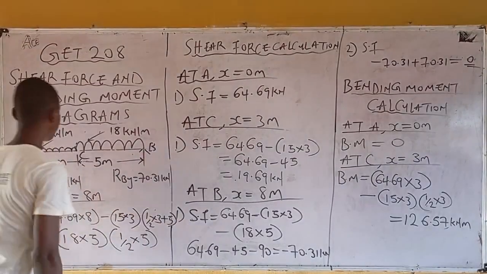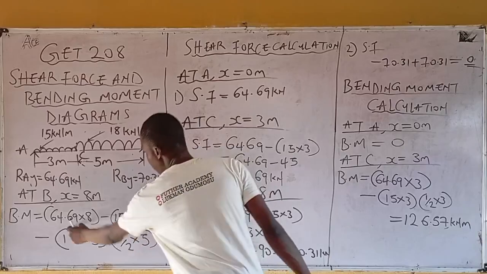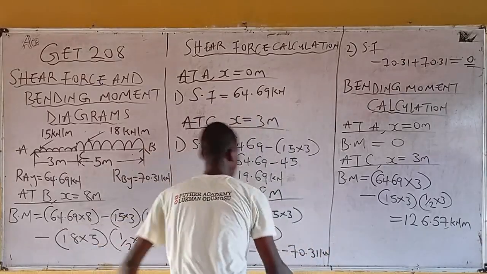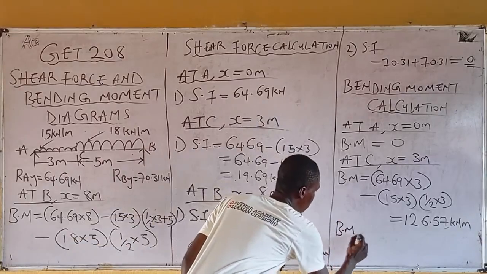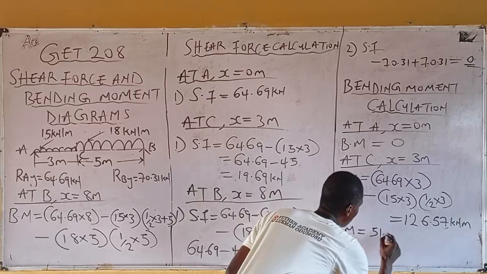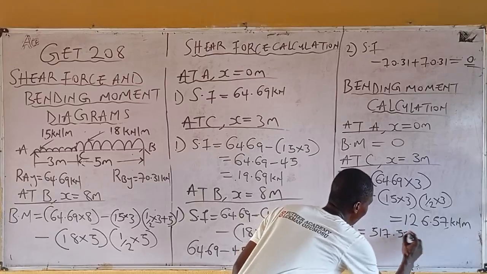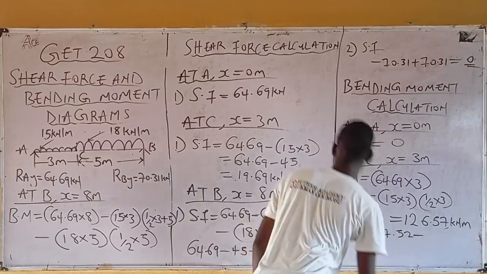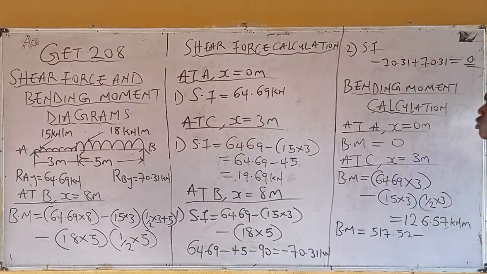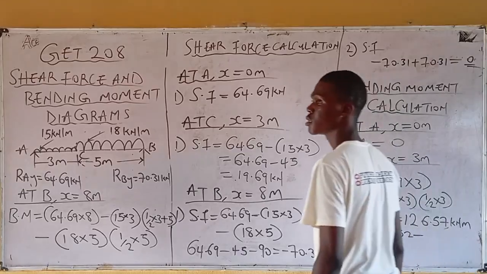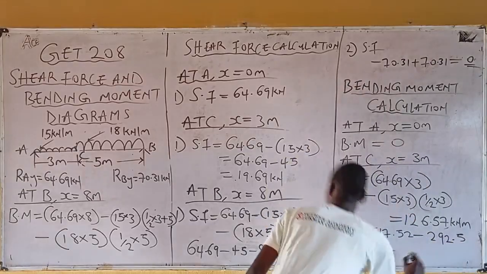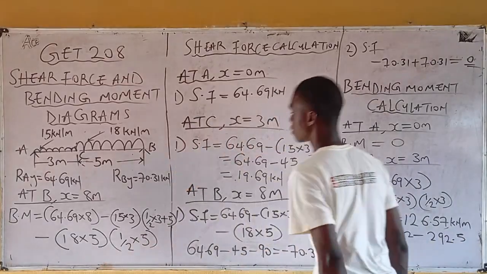Now input all this. Give me the values individually. The first one is 517.52, minus 292.5 (45 times 6.5), minus 225.